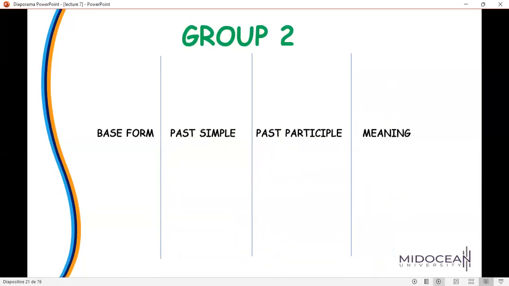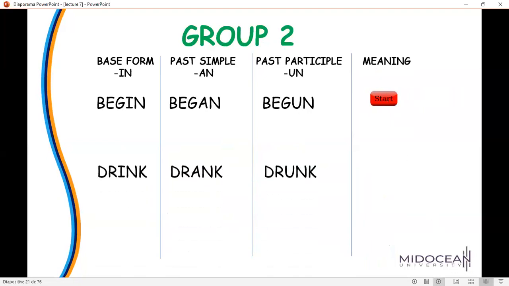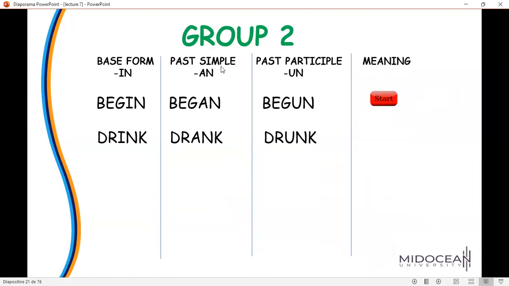Group 2. You have base form begin, simple past began, past participle begun, meaning start. Drink, simple past drank, past participle drunk. Ring, rang, rung.